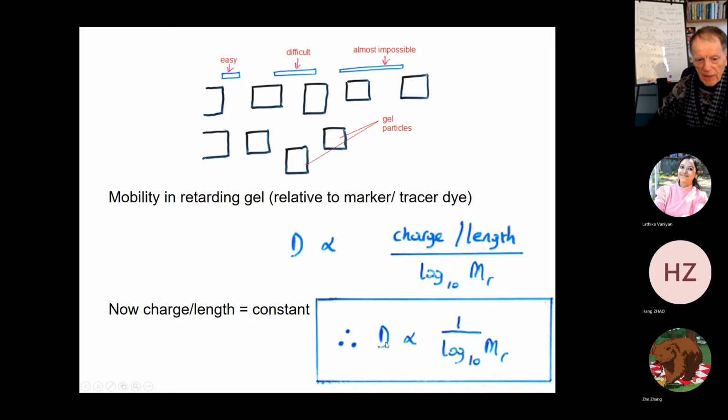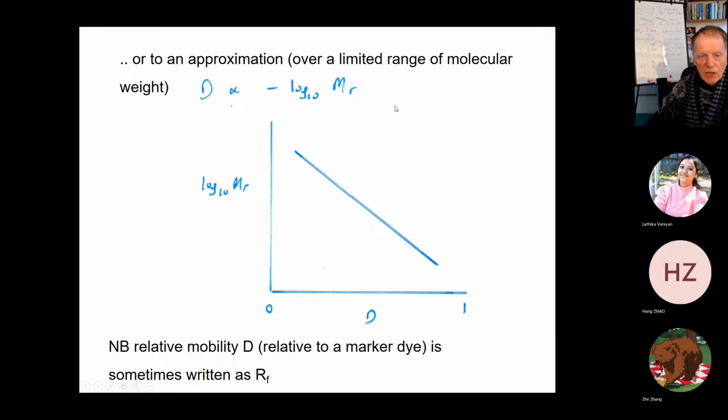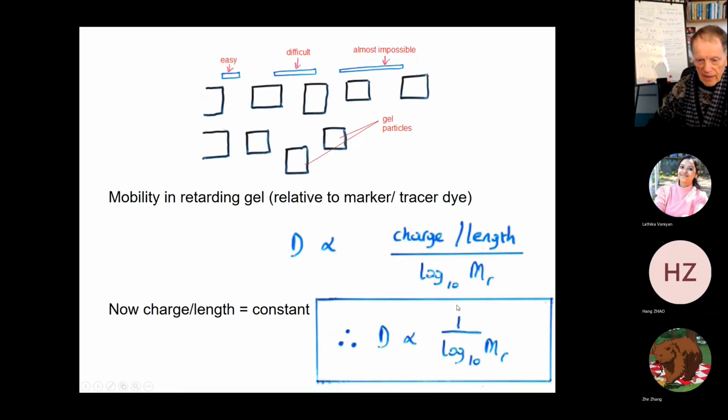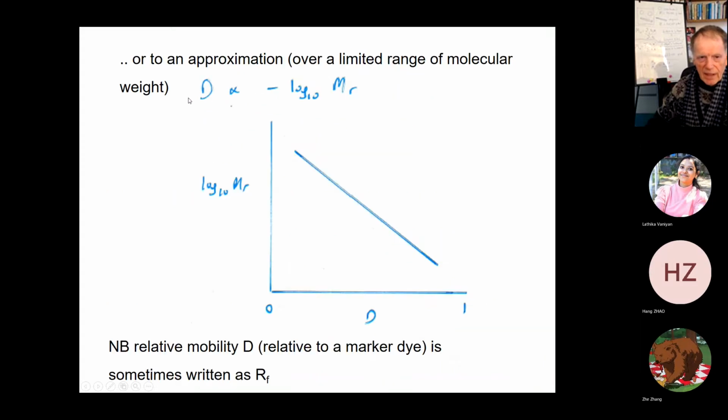Or the mobility is proportional to the reciprocal of the log of the molecular weight. And over relatively small molecular weight ranges, the sort we do with proteins, this relation can approximate to D is proportional to minus log 10 M.